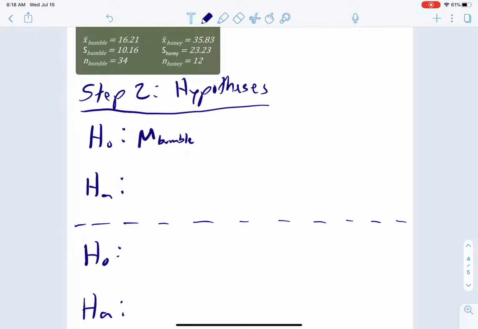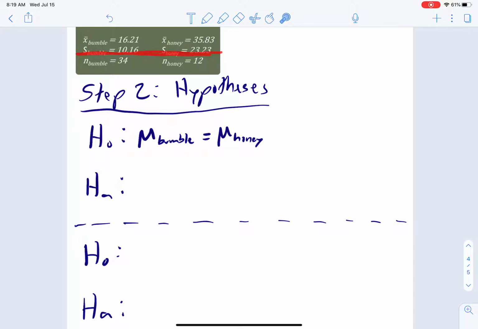that the mean time spent at flowers for the population of bumblebees is equal to the mean time spent at flowers for honeybees. We're saying that there is no difference. They are exactly the same. Even though we see that the means are very much different, there's some overlap here with the standard error.